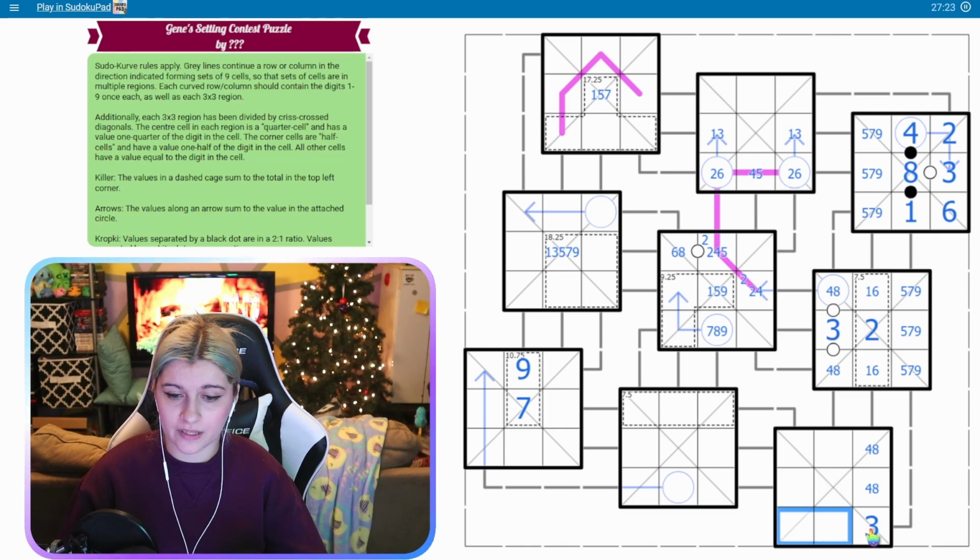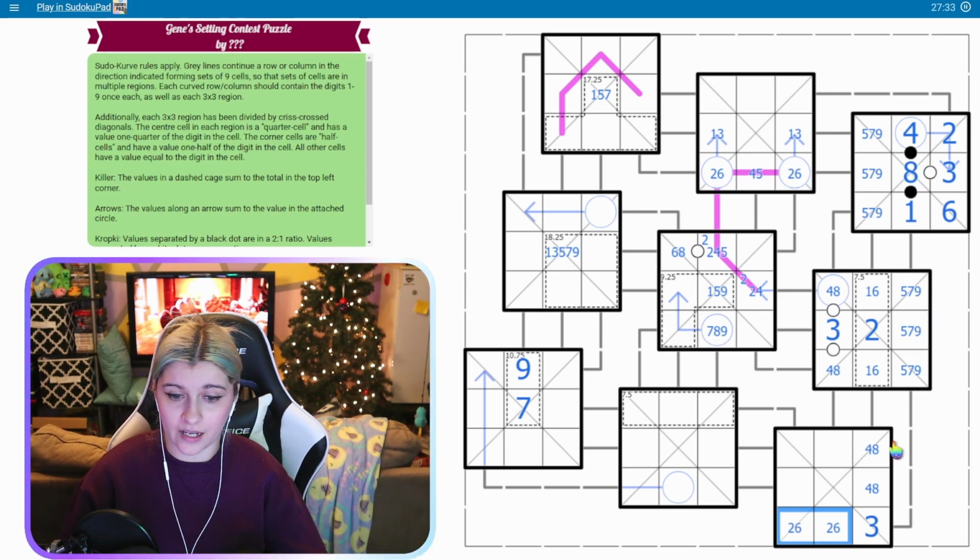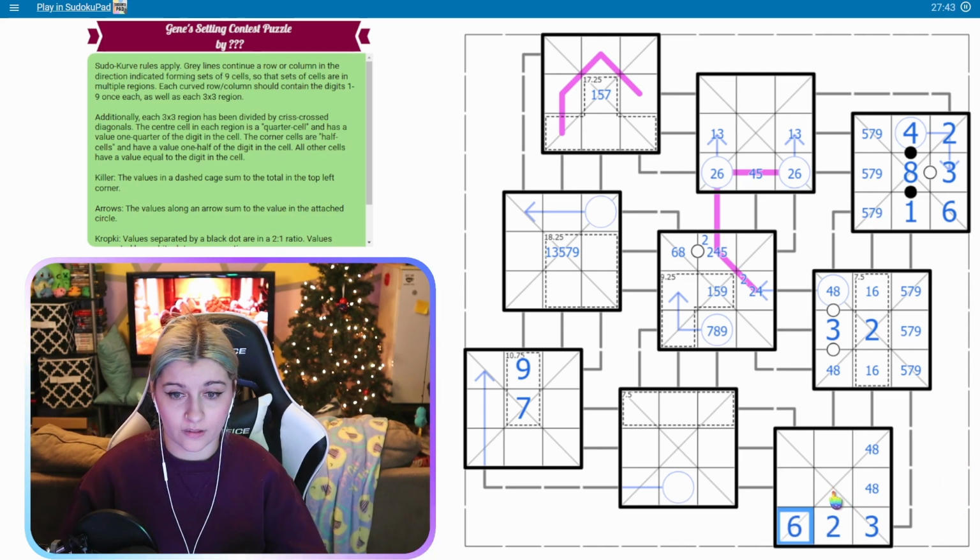I can pencil what these are. It's 1, 2, 3, 4, 5, 6, 7, 8, 9. Okay, so this is a 2, 6 pair. However, this sees a 6 from here. So this is a 2 and this is a 6. 2 doesn't change this.